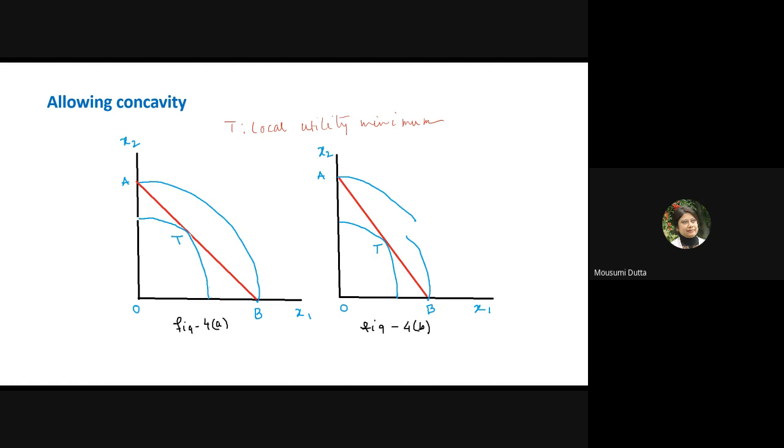Next, here the point of tangency between the budget line and the IC, a point like capital T, indicates the worst point and not the best.